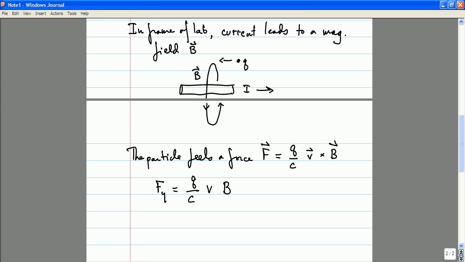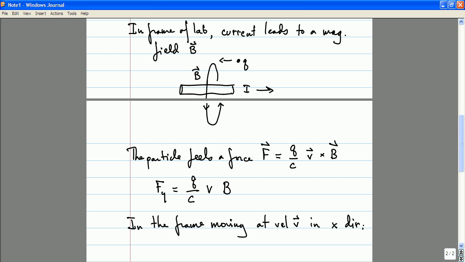Now, let's consider the analysis of this experiment in a different frame. Let's consider the analysis of this experiment in the frame moving along at velocity v in the x direction.